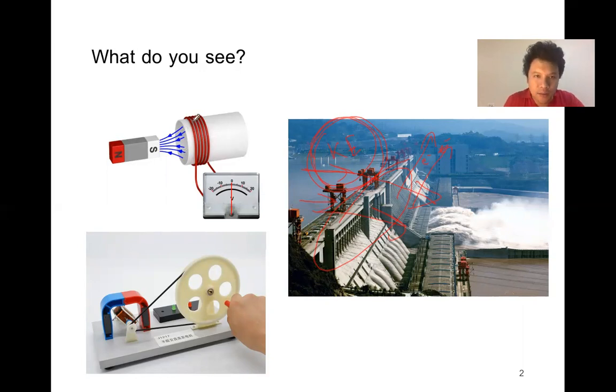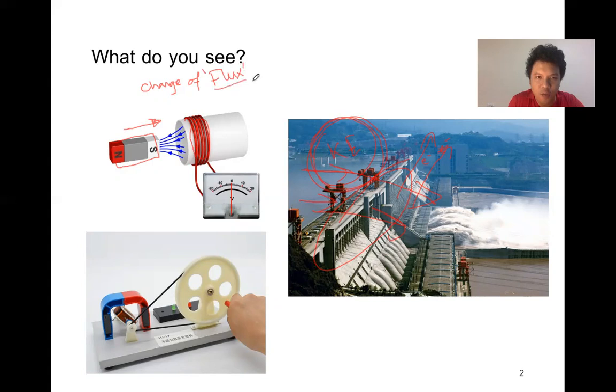Let's consider the simple case of a conducting coil and a magnet bar. If you move the magnet bar into the conducting coil, what happens is a change of magnetic flux. This is a key concept in this lecture.